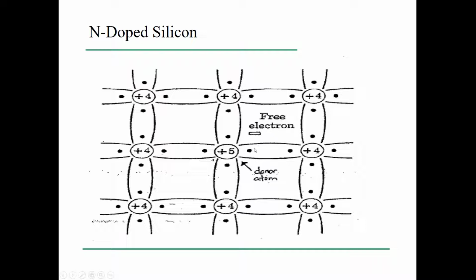And of course, the more phosphide atoms you add, the more free electrons you have, and the higher the conductivity of the n-doped silicon. And this phosphide atom is called a donor atom because it's donating, if you will, its free electron to increasing the conductivity of the silicon.